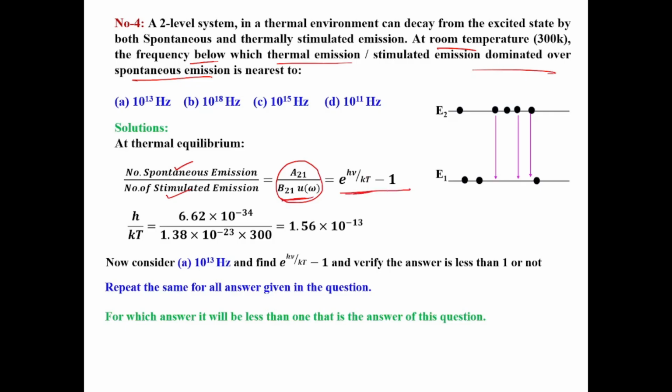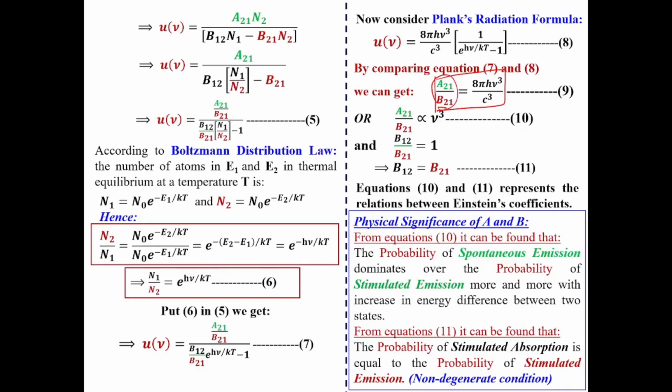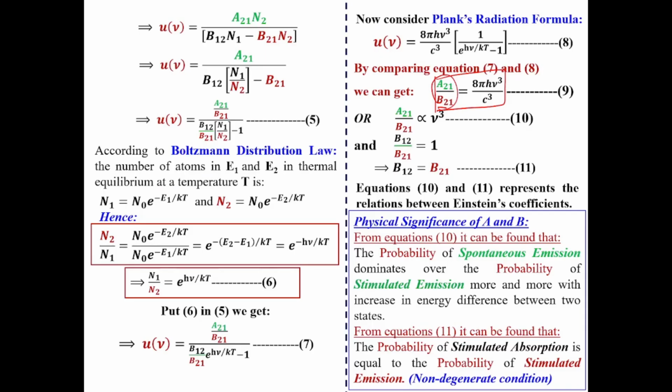How? Here I am going to show you. A21 by B21 into U mu. Consider this equation. This one represents A21 by B21.